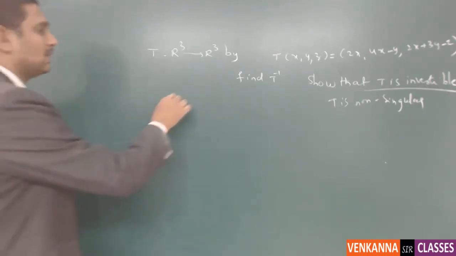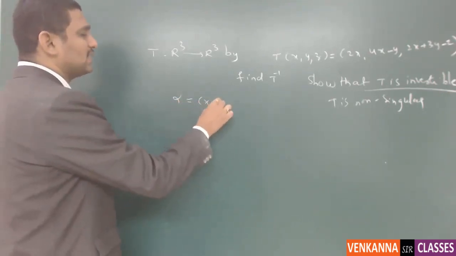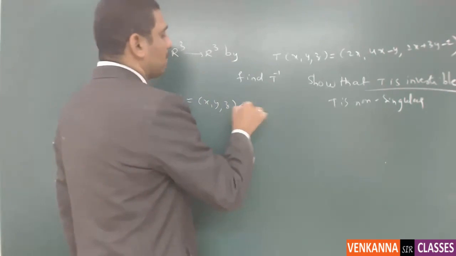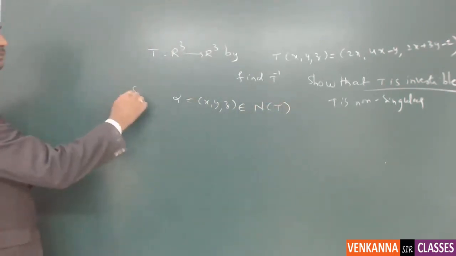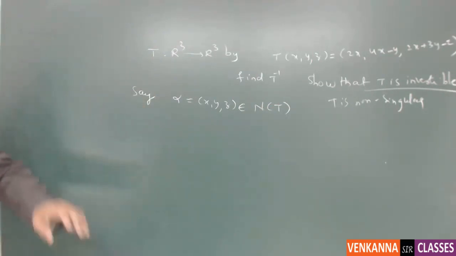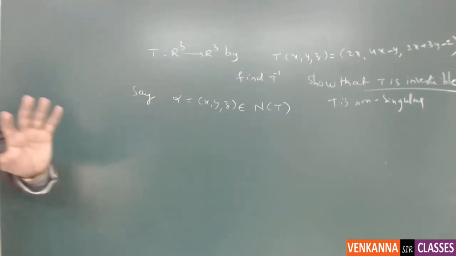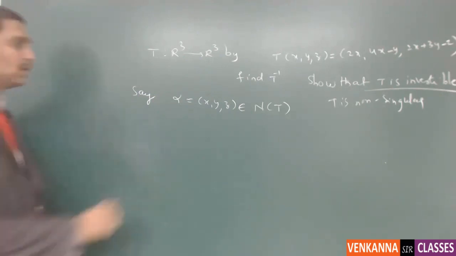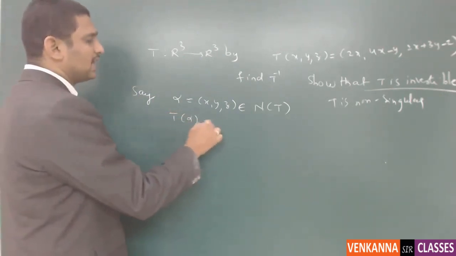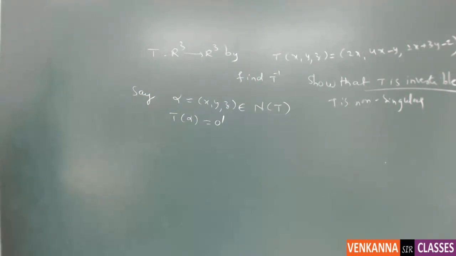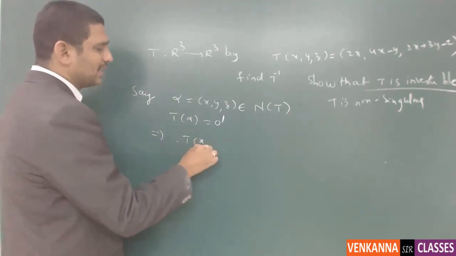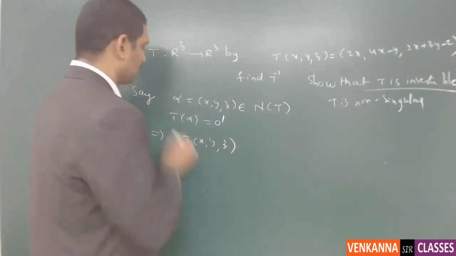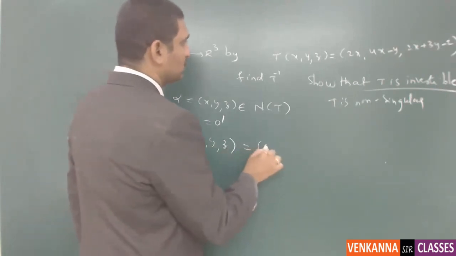So let us say that alpha equal to (x, y, z) belongs to the null space of T. Here I am taking alpha to be any vector in the null space, which gives that T of alpha is equal to the 0 vector. So T of (x, y, z) is equal to (0, 0, 0).